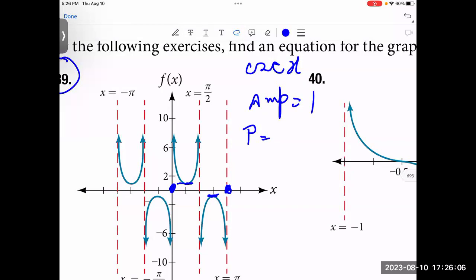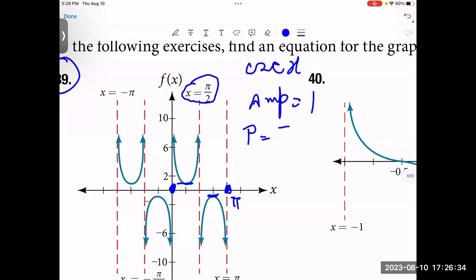And that distance is pi, because they tell you that this vertical asymptote is pi over 2, and that's like at half the period. So the distance from here to here, this would be pi.